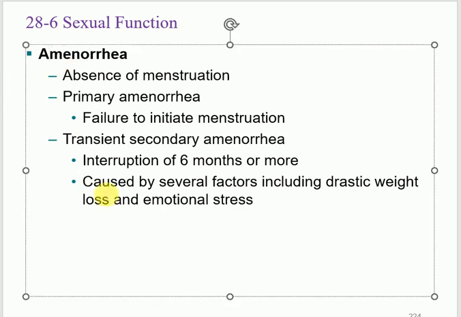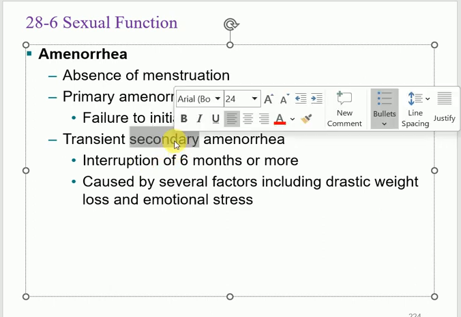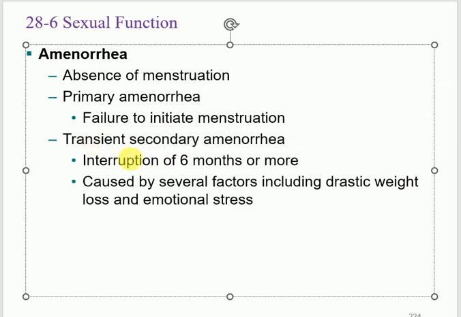If this is a girl that's at puberty already and she didn't even start any menstruation at all, she didn't initiate, did you have it before? Never. This is called primary amenorrhea. Secondary amenorrhea, or transient, means she used to have it and now it stopped. Stopped for how long? At least 6 months.